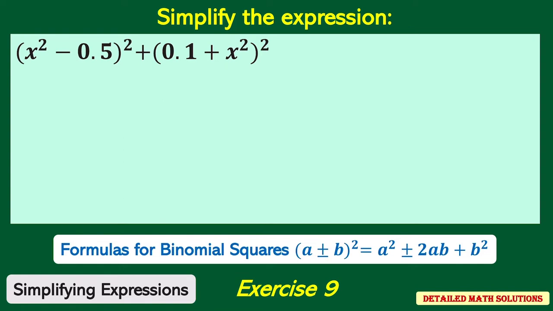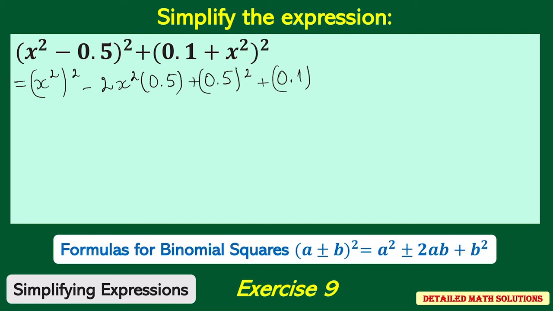Therefore, when I apply the formulas to each binomial square, this expression equals (x²)² − 2 times x² multiplied by 0.5 + (0.5)² + (0.1)² + 2 times 0.1 multiplied by x² + (x²)².